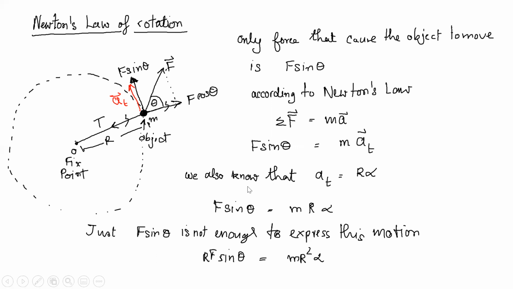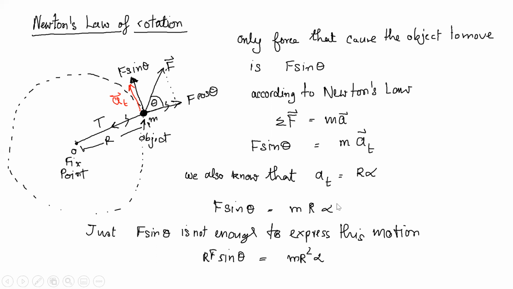But we also know that a_t can be written in terms of angular acceleration as r times alpha, where alpha is the angular acceleration of the object. So we can put in the magnitude: F sine theta equals m r alpha instead of m a_t.